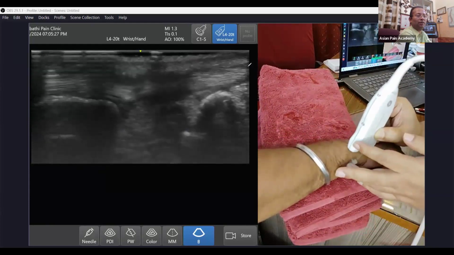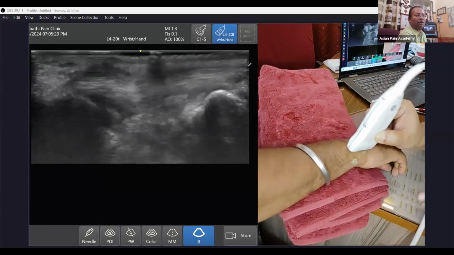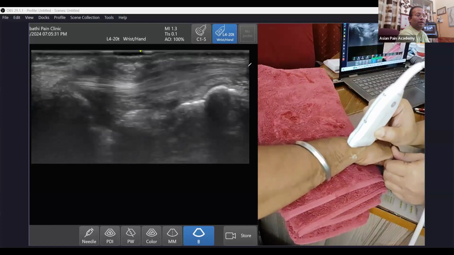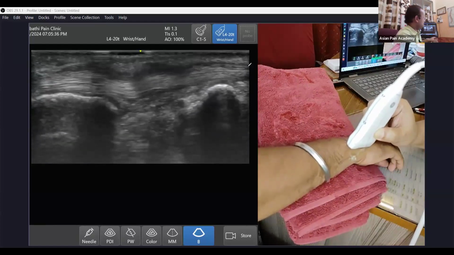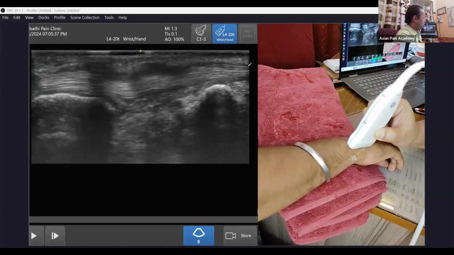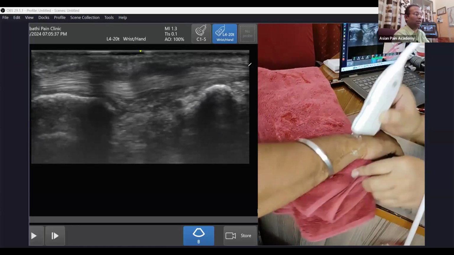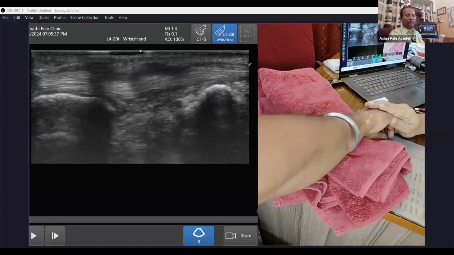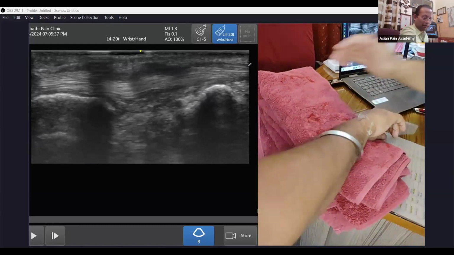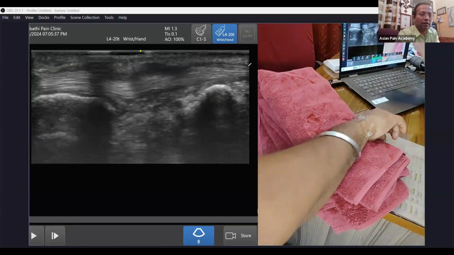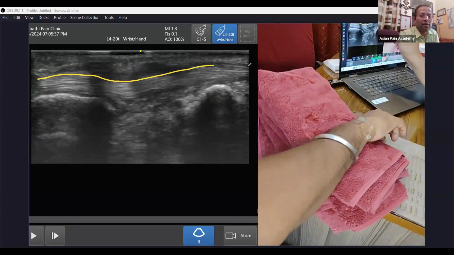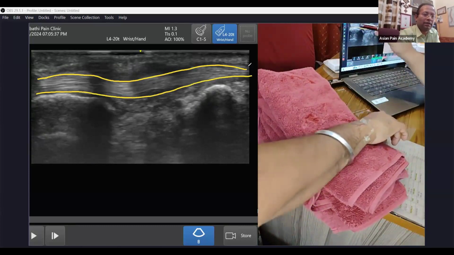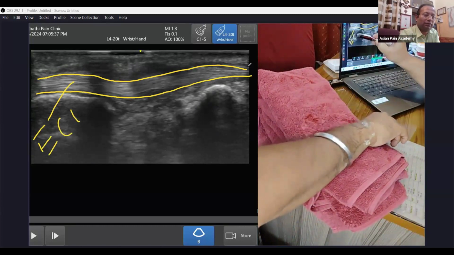I want to bring it in a full long axis view. Okay. So here what we are seeing is the extensor carpi ulnaris.